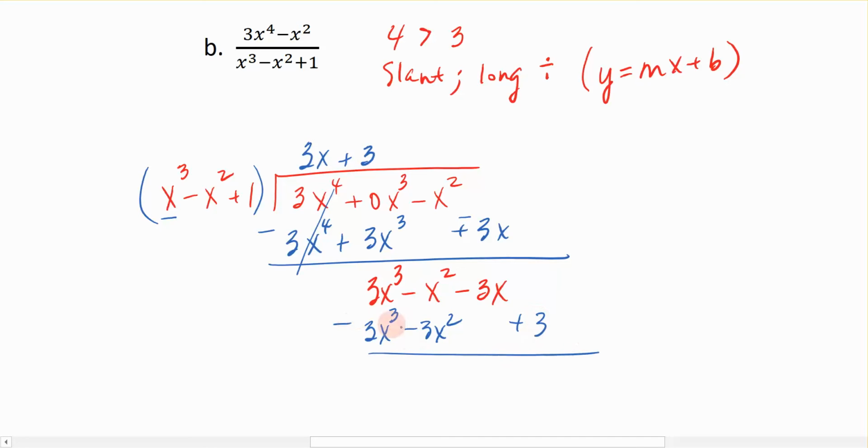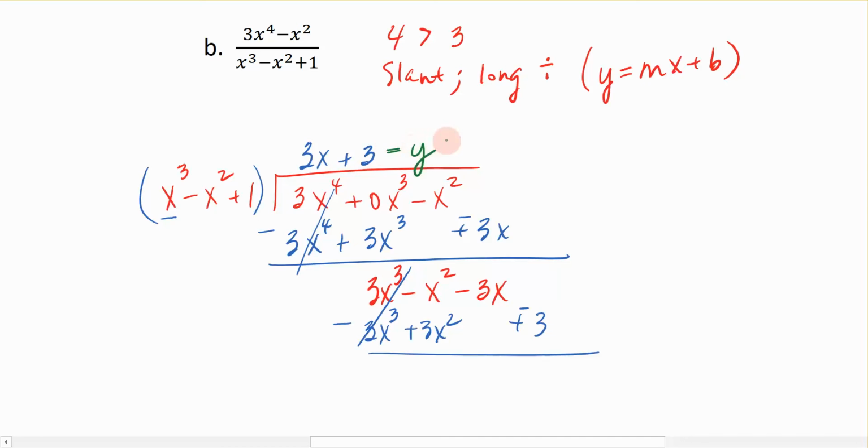Okay, so we're going to change our signs, and as long as that disappears, we're good. We could keep going, and you remember that if I kept going, I could come up with the remainder. I actually don't have to, because notice that right here, let me erase that for a second, what I have is 3x plus 3.